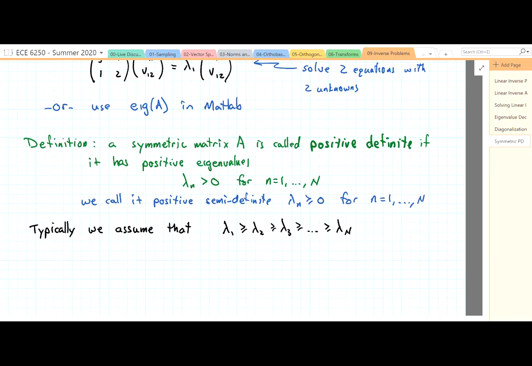And this is just a matter of sorting, putting things the way we want them to be. I should note that in MATLAB, sometimes it returns them sorted, and that's really nice. But not always. In fact, often it does not. So you can't assume that they're sorted in MATLAB. And so if you extract the eigenvalues and want to use some function that assumes sorted eigenvalues, you'll need to sort them manually to do that.